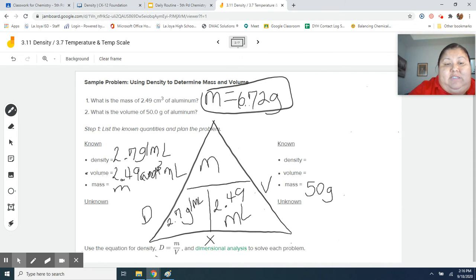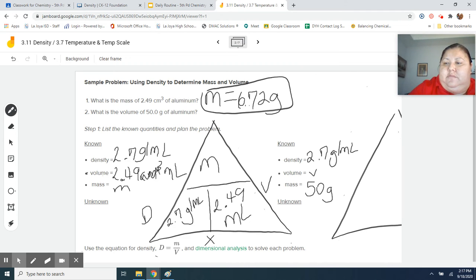The question even says, what is the volume? So V is what we're looking for. And density is for aluminum, which we already know from the previous question, 2.7 grams per milliliter. We're going to create our triangle. Uh-oh, I ran out of space.